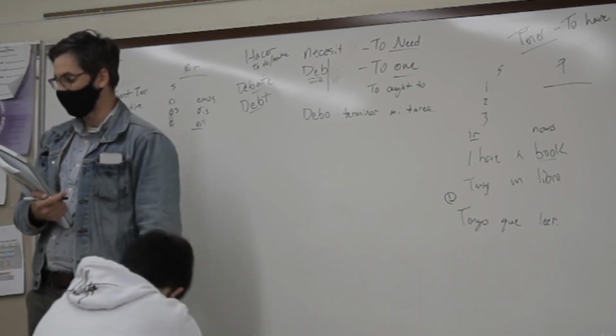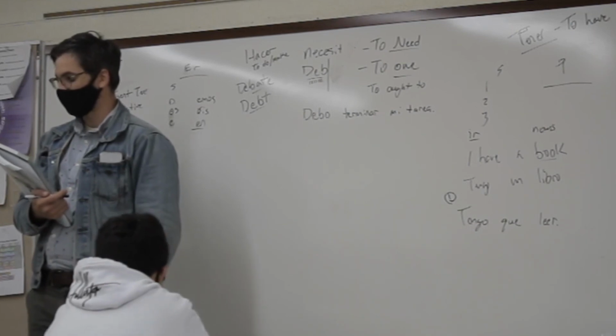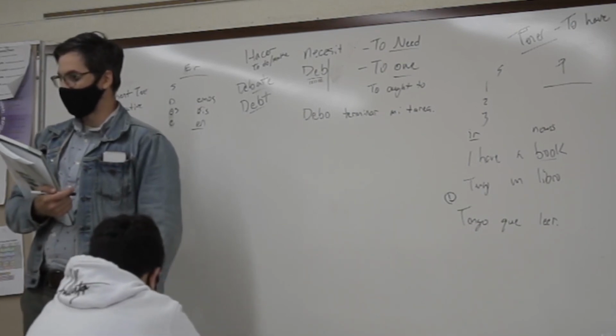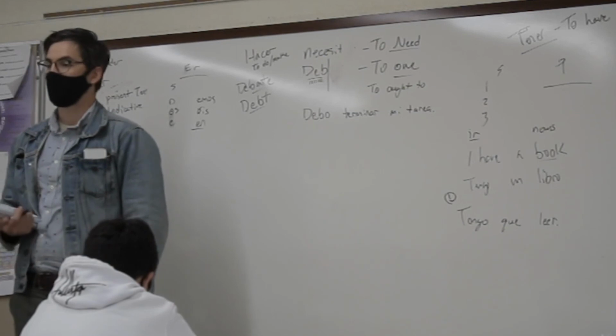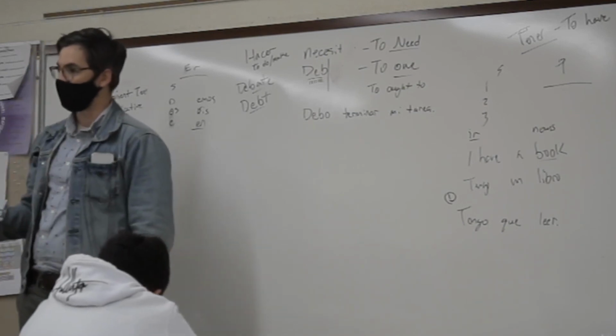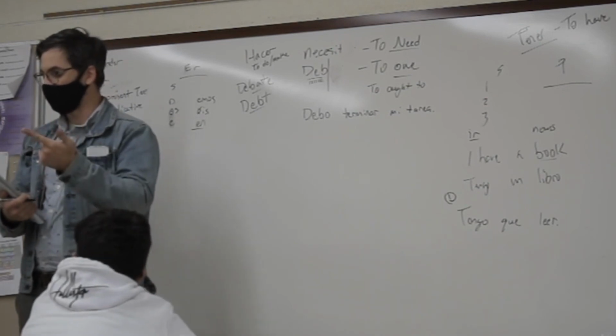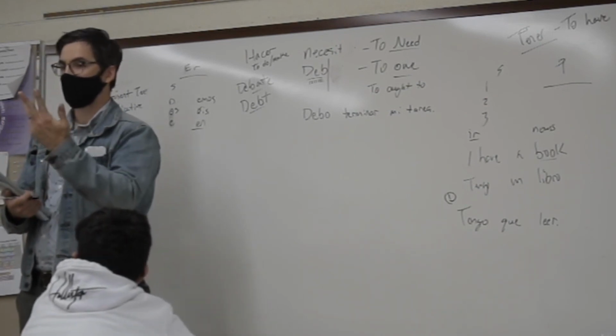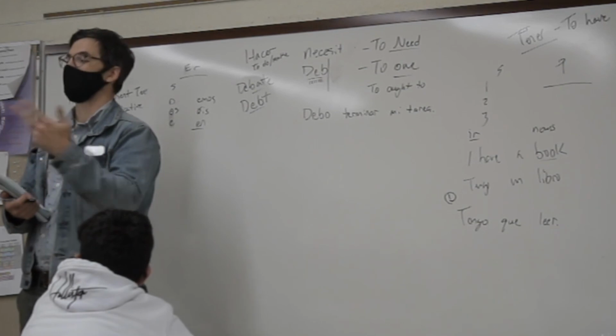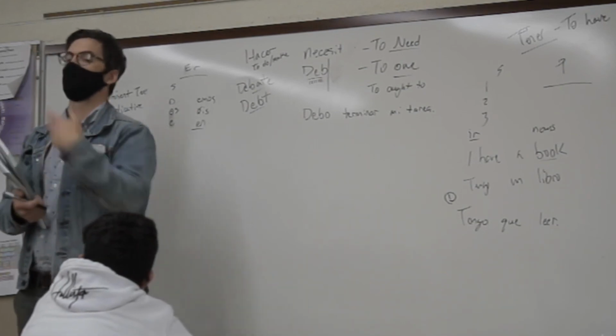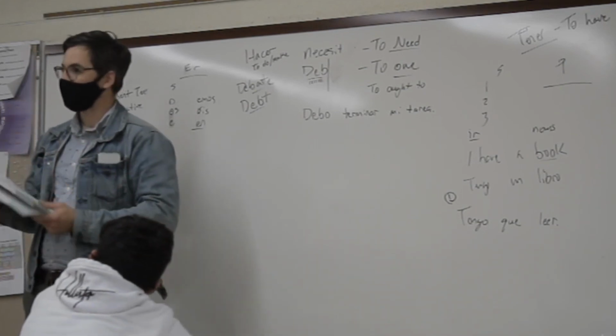The boys ought to. Or not they ought to, that was deber. The boys have to return. So there are different ways now that you know how to use tener, ir, necesitar, and deber to describe what you should do or what you will do in the future. Any questions?